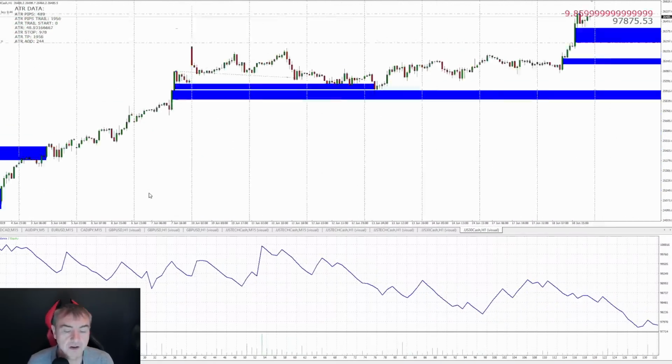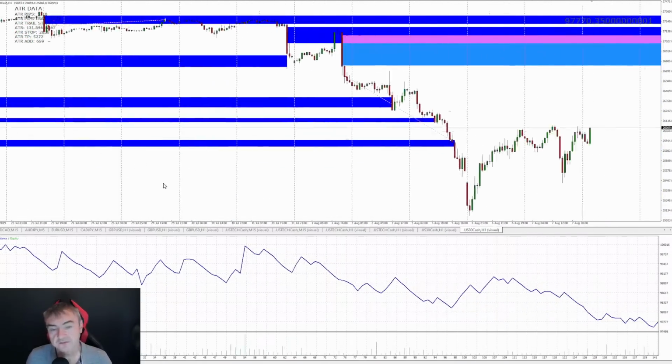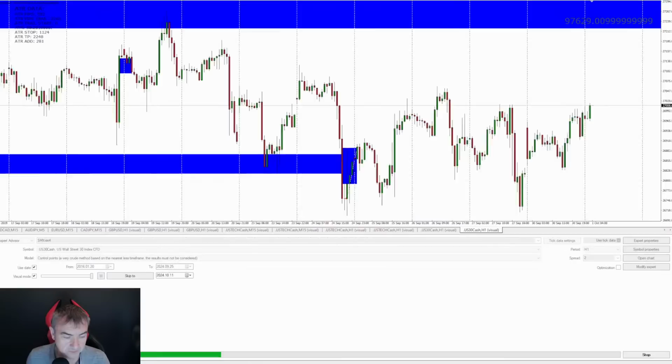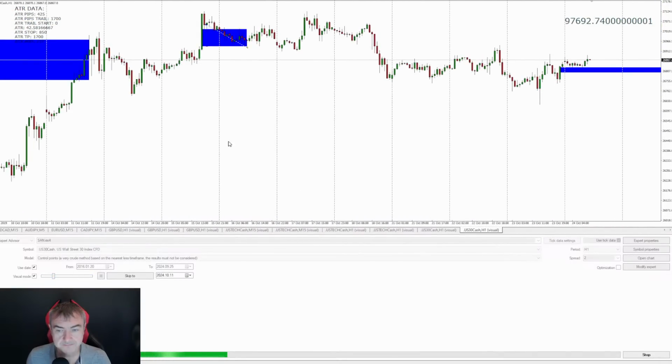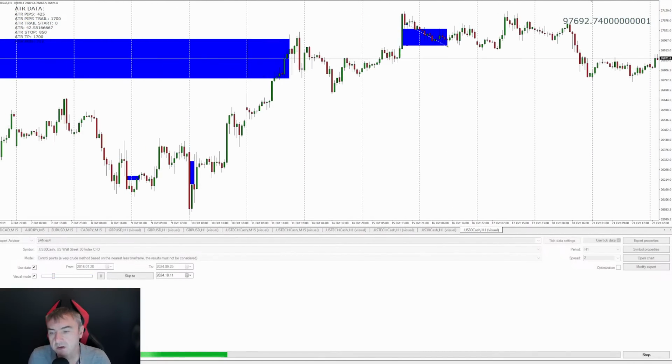I think if you look at what we are trading here, this is part of the problem with it. You can't get in on these entries until one candle after the move.